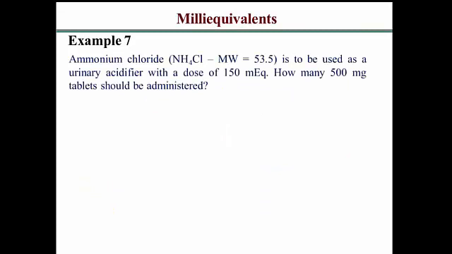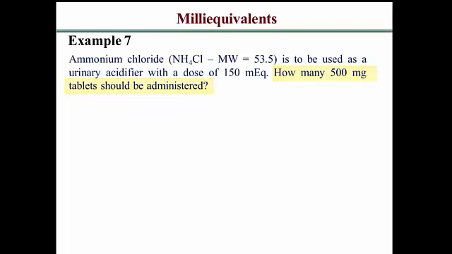Let's look at another example. Here it says ammonium chloride, molecular weight 53.5, is to be used as a urinary acidifier with a dose of 150 milliequivalents. It's asking you how many 500 milligram tablets should be administered.